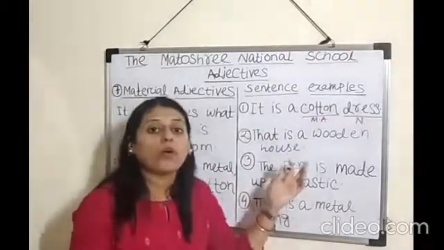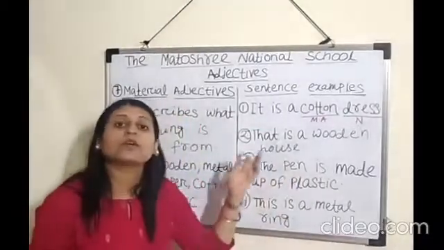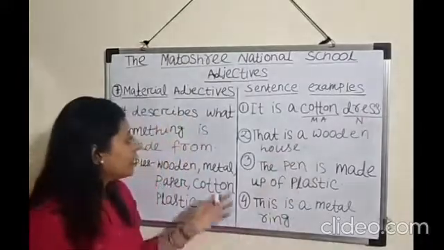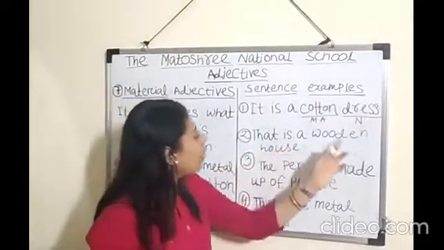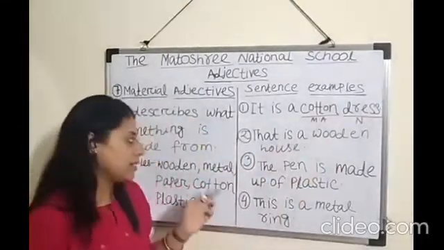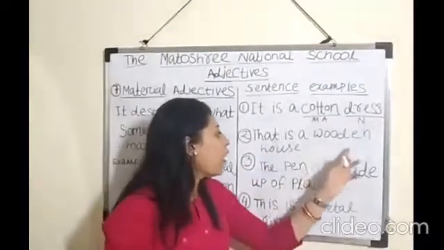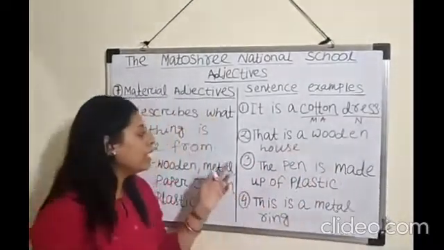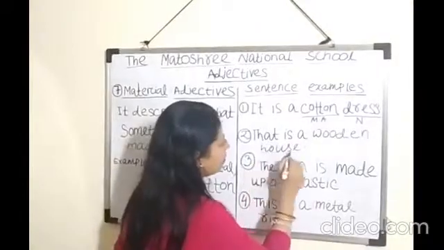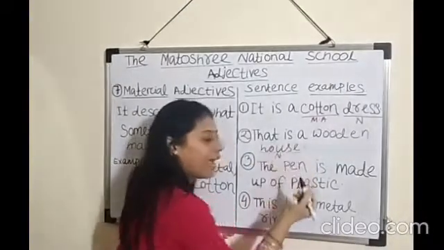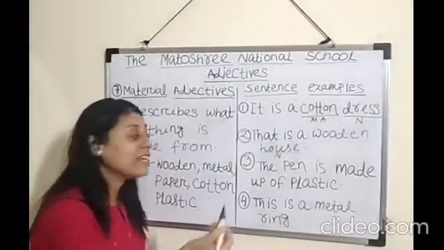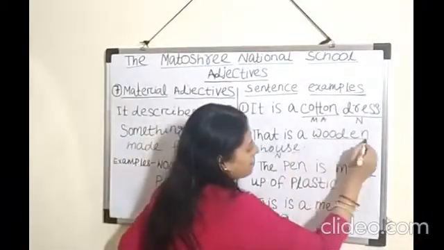This is a cotton dress. The material is cotton. Now, that is a wooden house. As I told you before, that is a wooden house. Here, house is a noun, and yes, wooden is a material adjective.